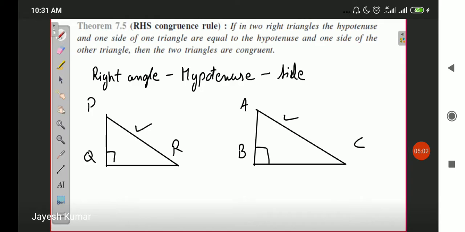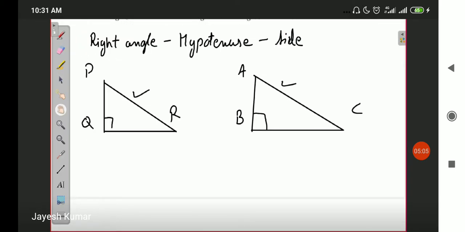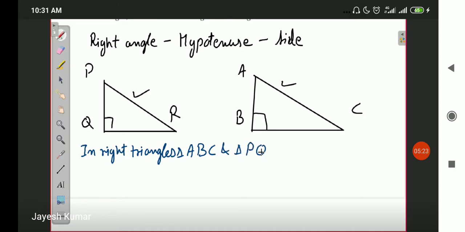So this congruency says that in right triangles ABC and triangle PQR, if the hypotenuses PR and AC are equal, and apart from the hypotenuse any of the other sides, say QR is equal to BC, or you can say PQ is equal to AB.